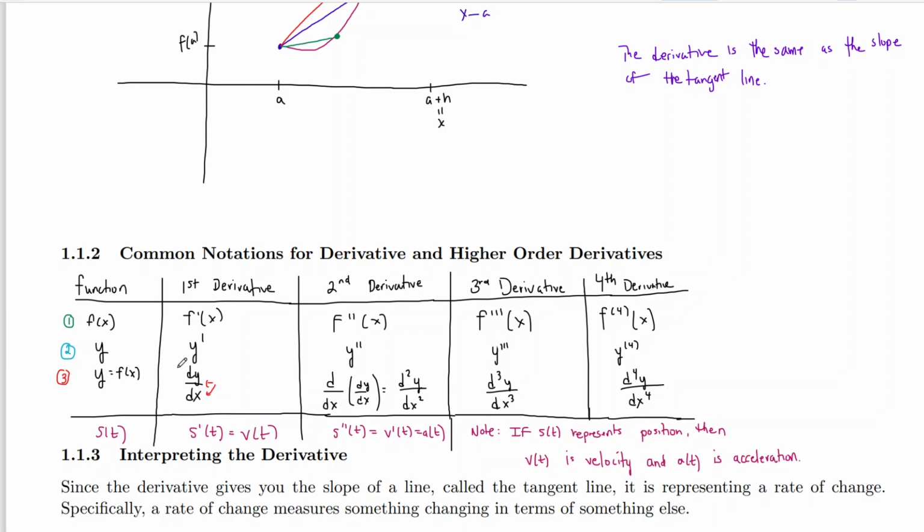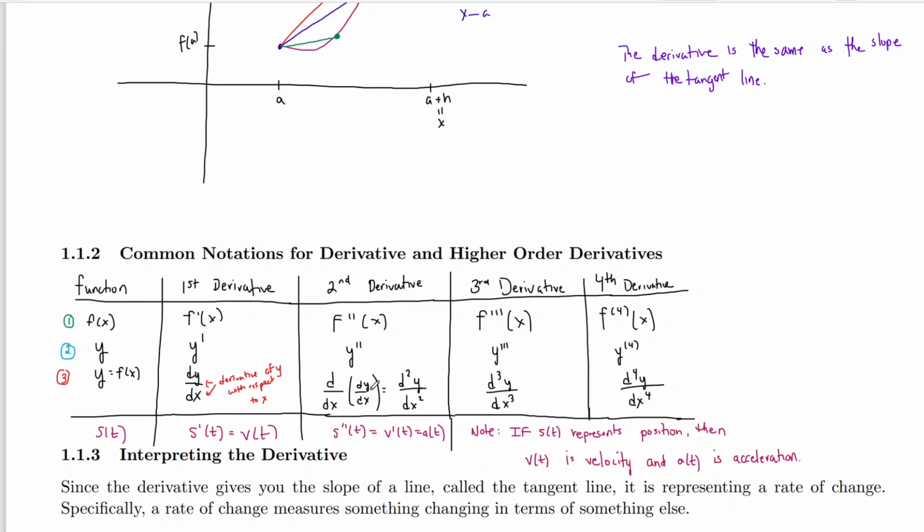And I don't often use y prime at all, even though it's the shortest, just because you don't really know. Are we doing the derivative with x? Are we doing the derivative with a different letter? This one tells you. It's the derivative of y with respect to x.